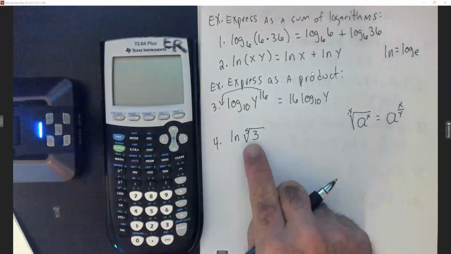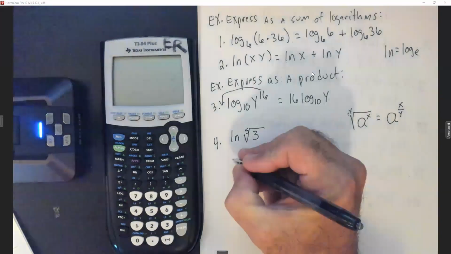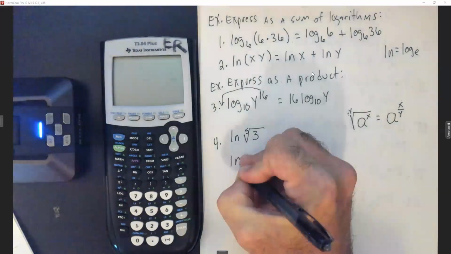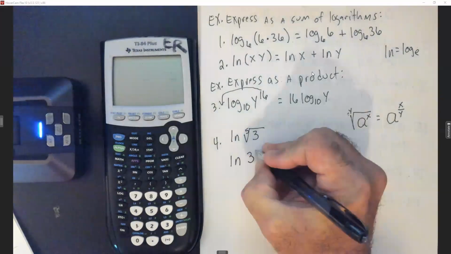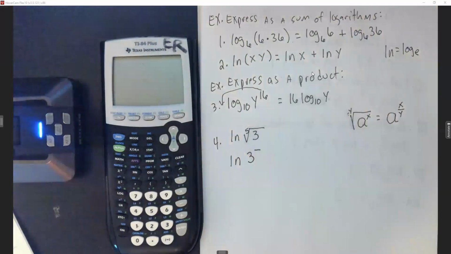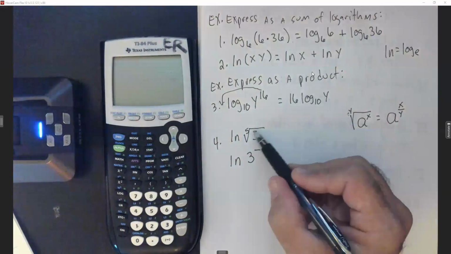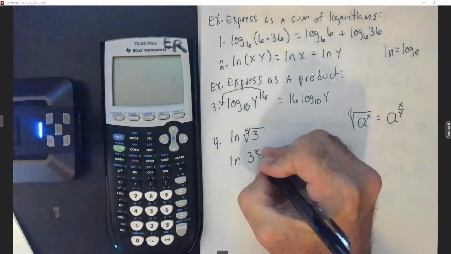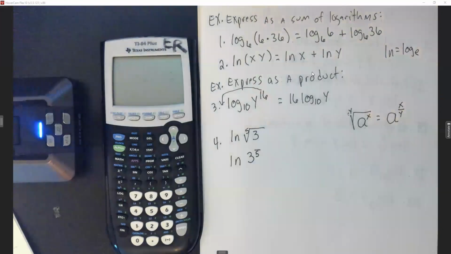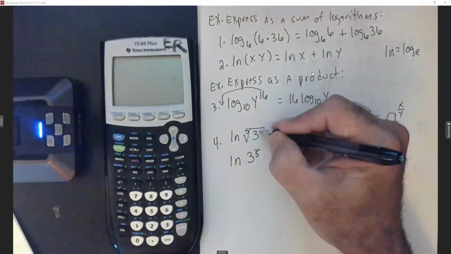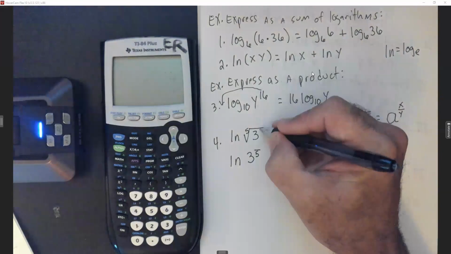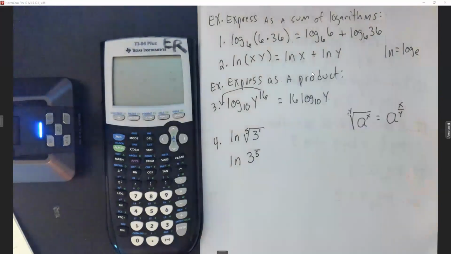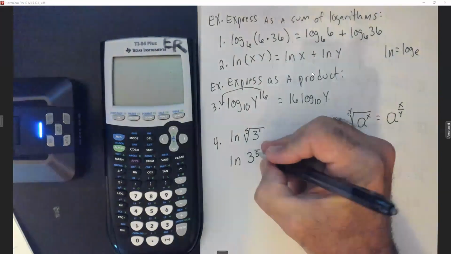So I'm going to rewrite this one so that I get an ln of 3. We're going to rewrite the fifth root radical. Remember, the root goes to the bottom, so the 5 will be on bottom. Since the 3 doesn't have an exponent by it, I would treat that like a 1 so that it turns into a 1/5.